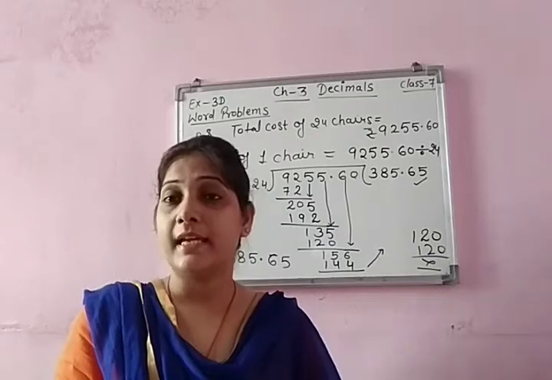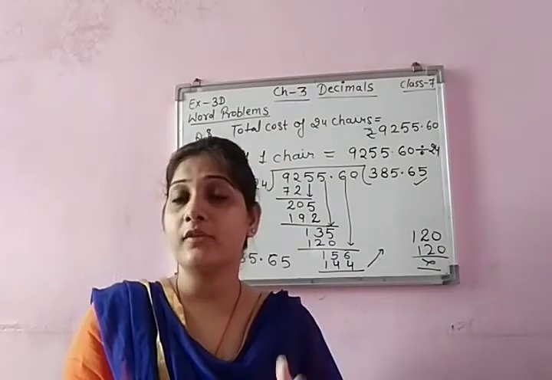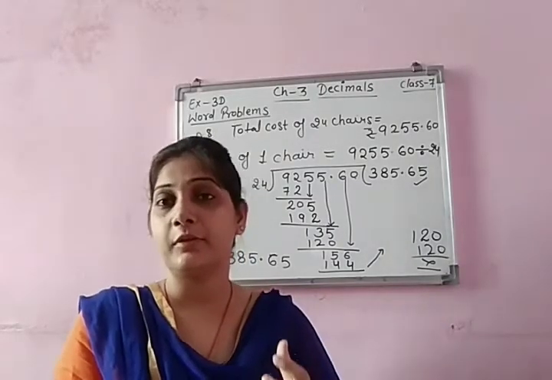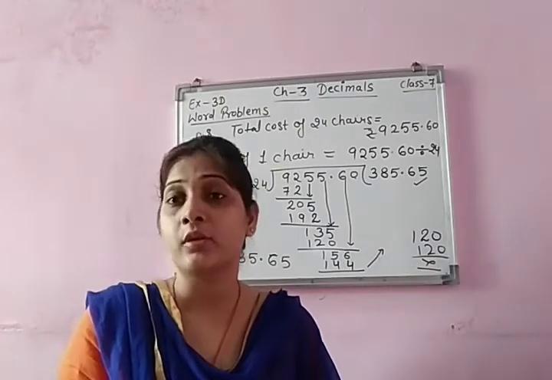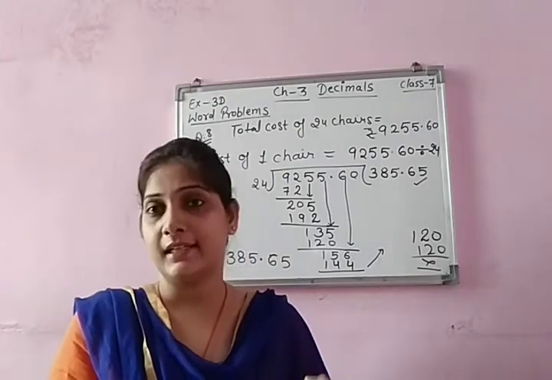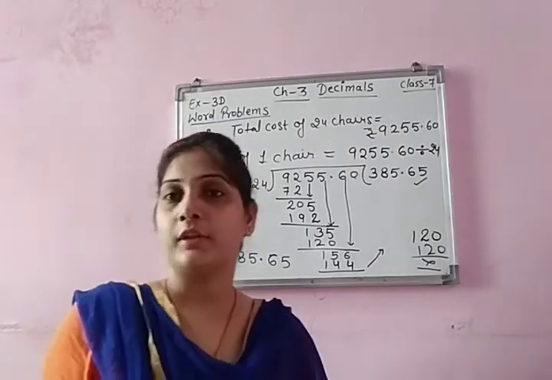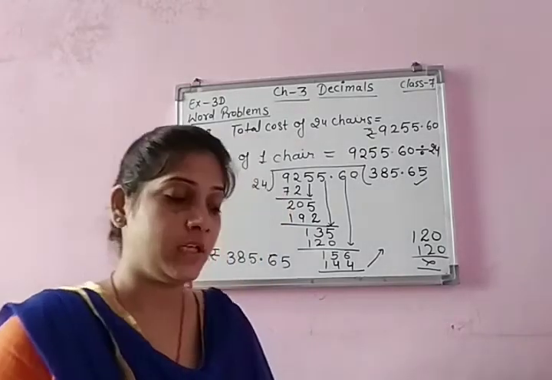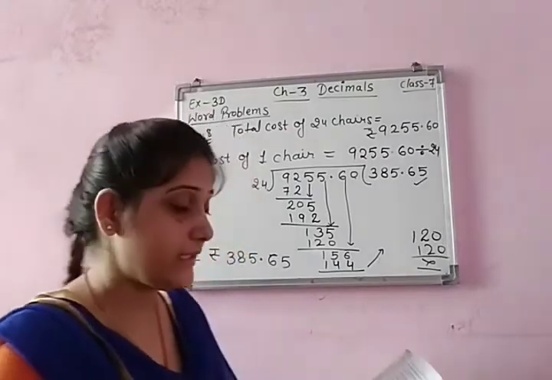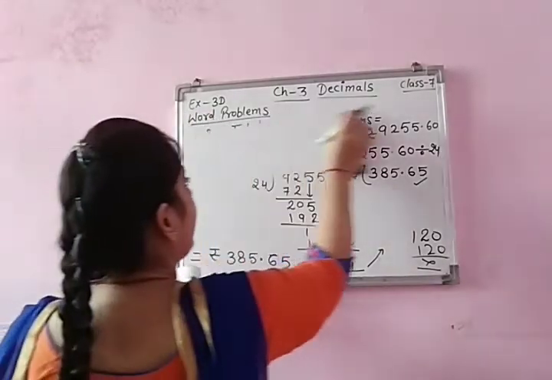So you need to tell that if we want to store 478.5 liters of oil, how many tins are required if the capacity of one tin is given? So can we do that? Total amount divided by the amount which is held by one tin. Okay. So let's do that.